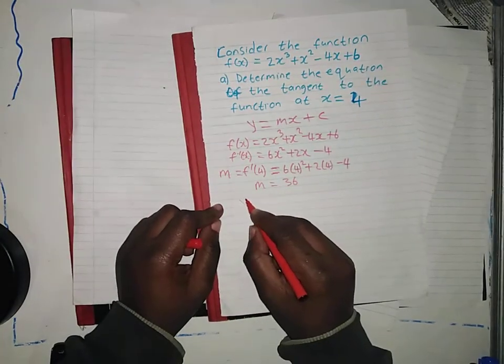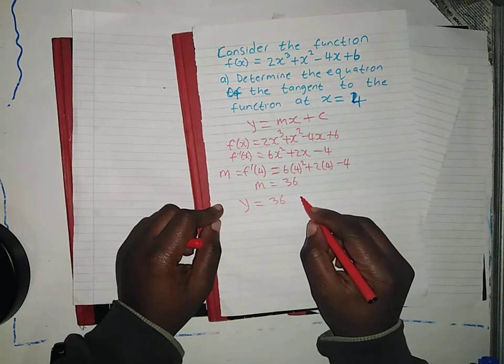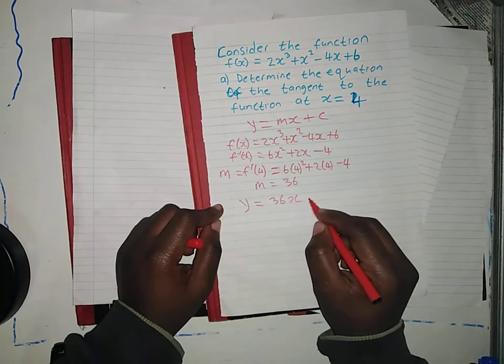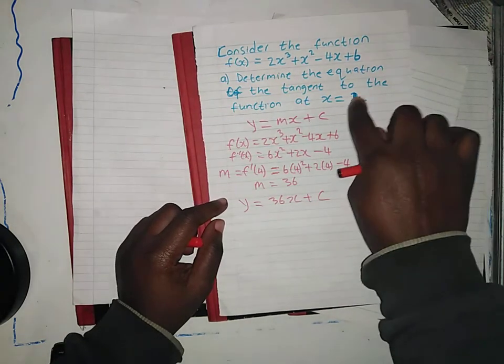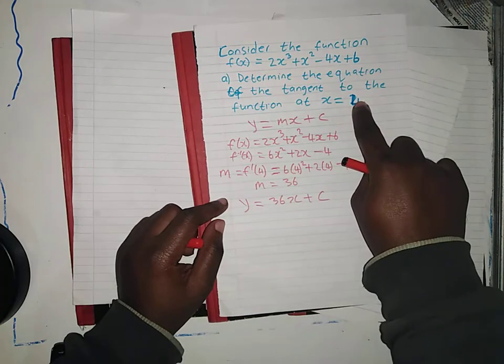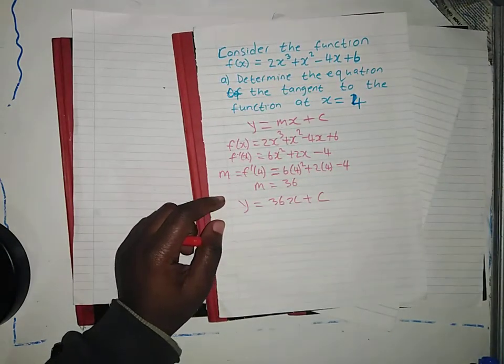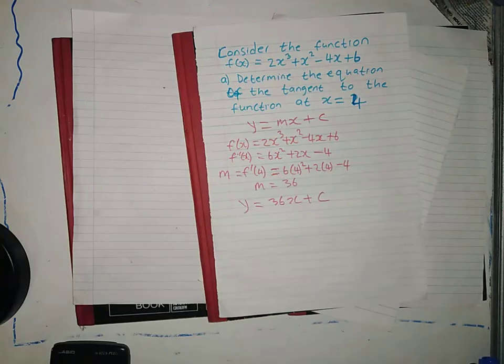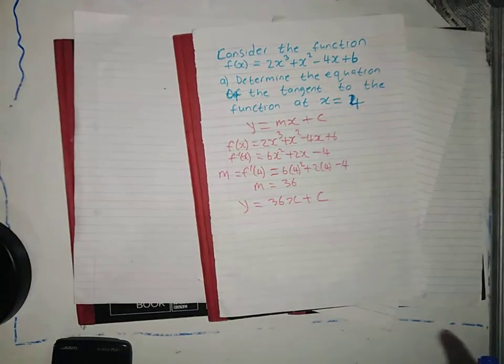Okay, so you've got an equation y is equal to 36x plus c that you do not know, and then you need to find the y value that goes together with this x value so that you can substitute here as a point that passes through this line. And how to do that? You take this 4 and put it in this equation.